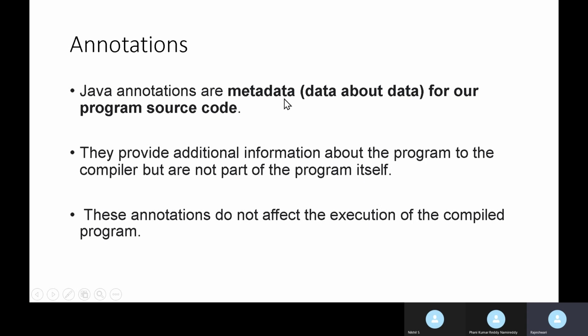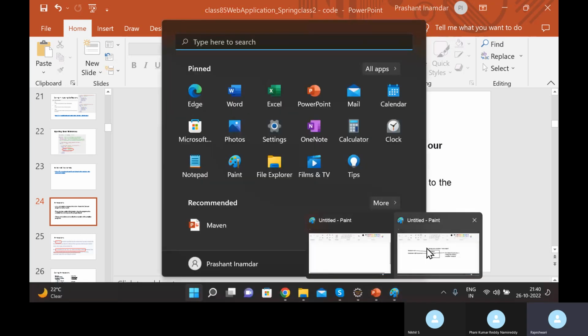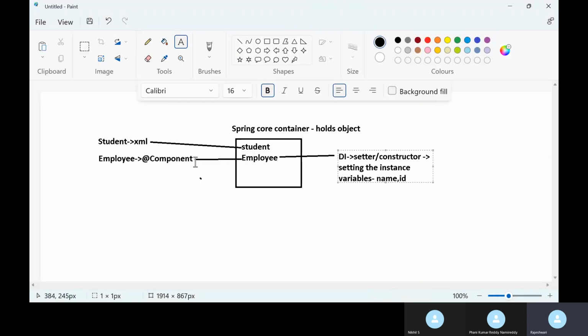They are metadata, data about the data, and they add a lot of source code for our code. For example, once you say this employee is @Component, it will know that I have to create an object for this, and it will be created. It will add some code which is hidden from us, but it will be ready-made for us.